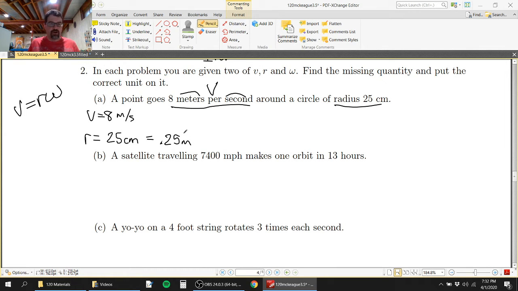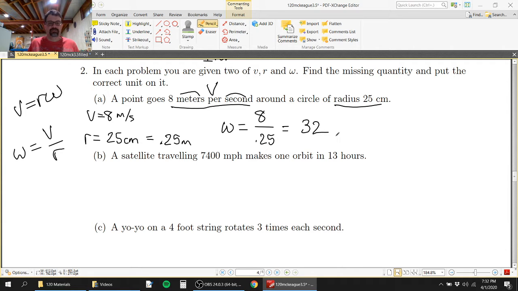So we know V and R, so we would like omega. Omega, divide both sides by R, is V divided by R, so it's just V, 8, over R, 0.25, and we get 32 if you punch that out.